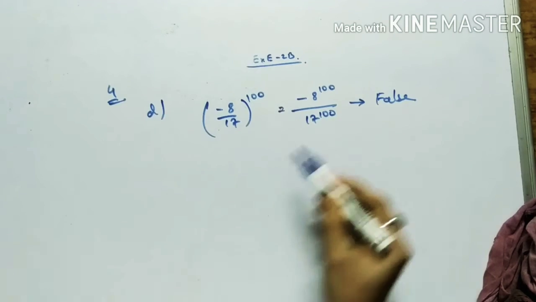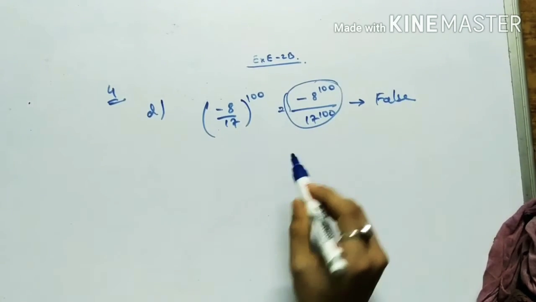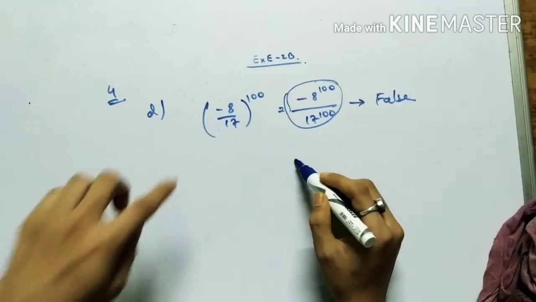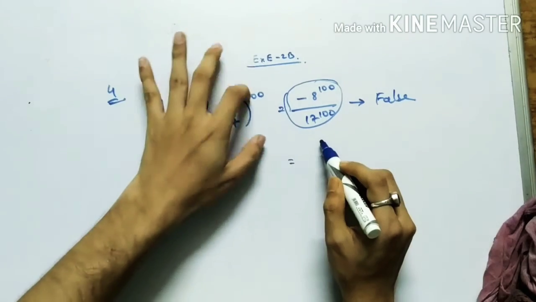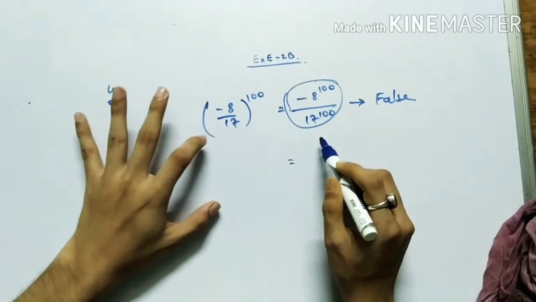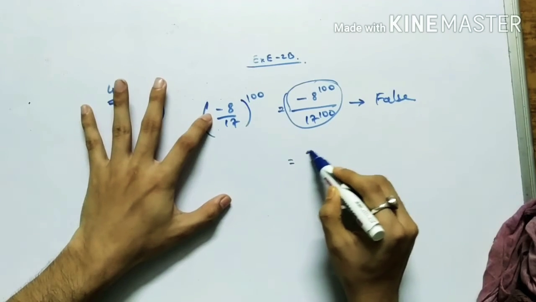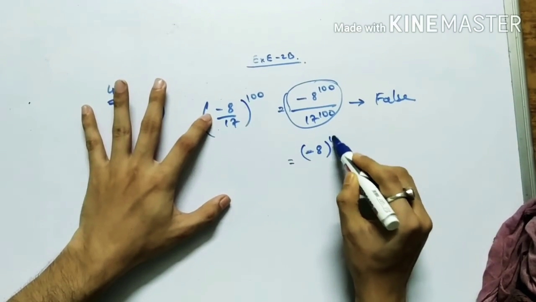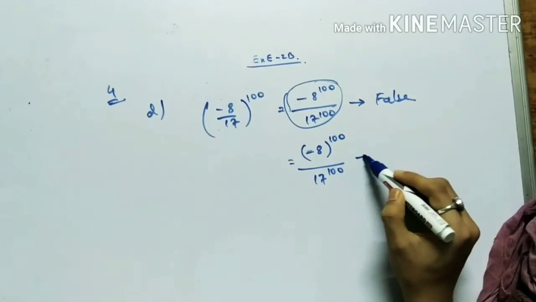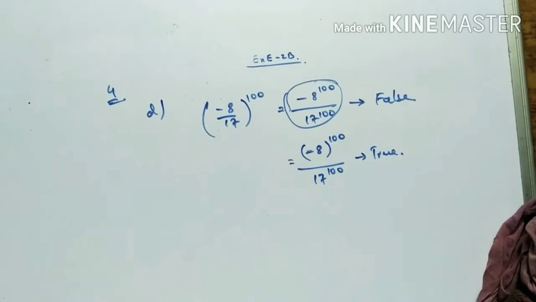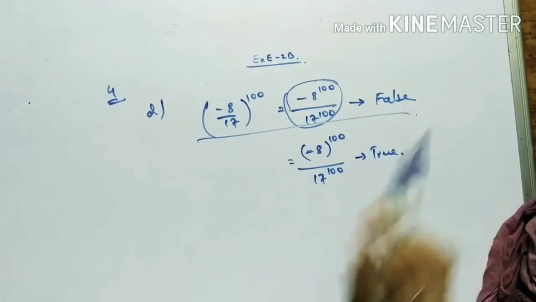Because everything here is correct, the power splits, but if I split the power for the numerator and the denominator, then I will have to give a bracket here: minus 8 to the whole power 100 by 17 to the power 100. Then only this will become true. But the bracket is not given, so therefore this will be false.